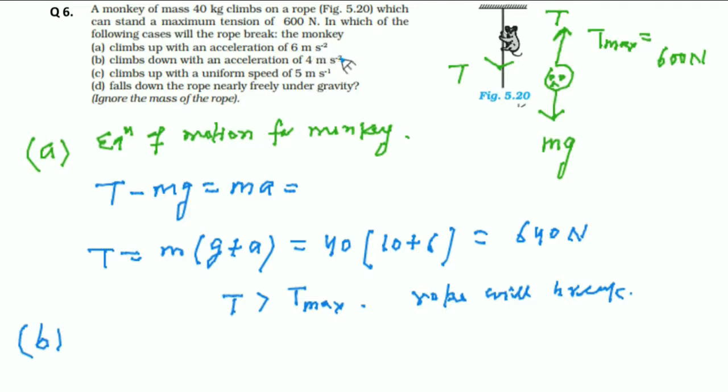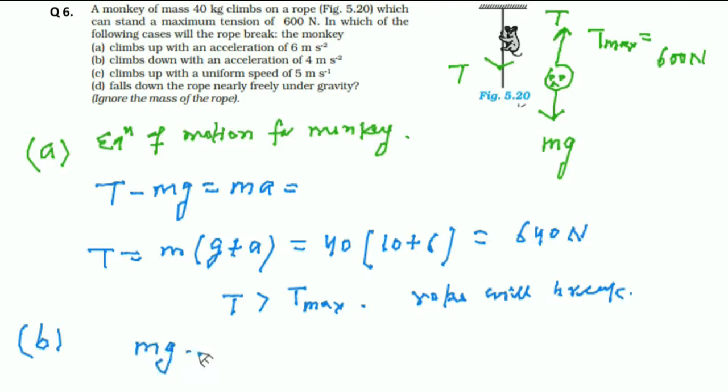I am not going to change this tension concept. The point is, if the monkey does not apply any force on the rope, then the monkey will free fall with g, like 10 meter per second square. But here it is coming down with 4 meter per second square. It means the monkey is applying some force on the rope to decrease the speed, and that force acts in the downward direction.